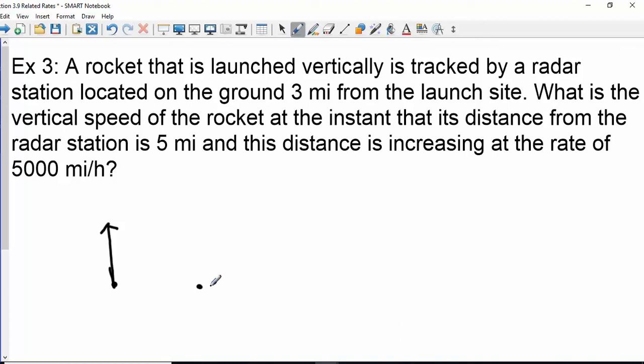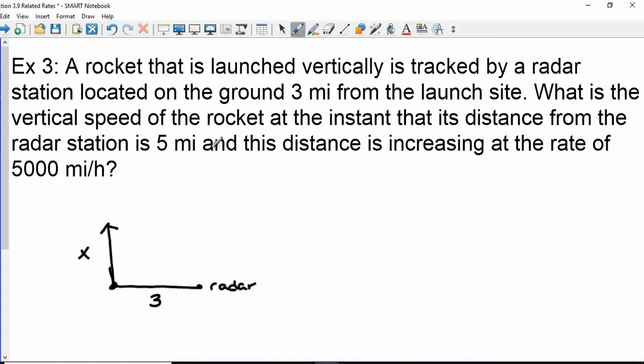So here's my radar station. Is this distance changing? The distance between those two. So do I need a variable, or can I just go ahead and label that as 3? We only need variables for things that are changing. Now, is the height of this rocket changing? Yes, so that would have to have a variable. So I'll call that x.